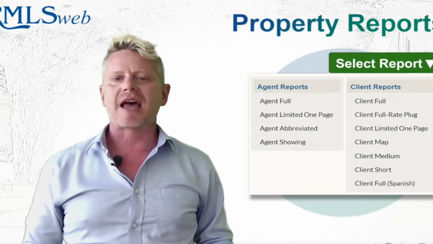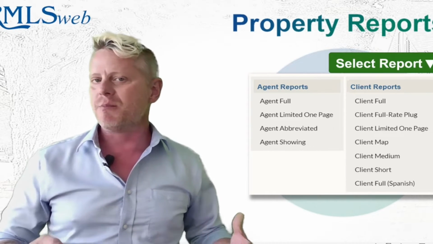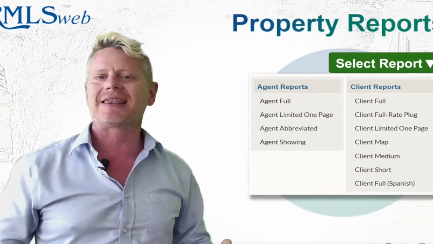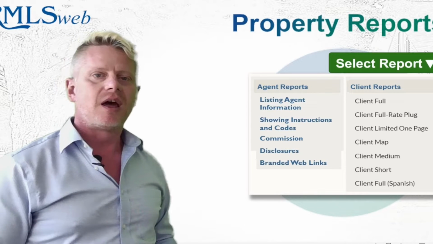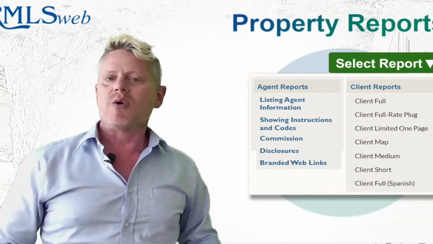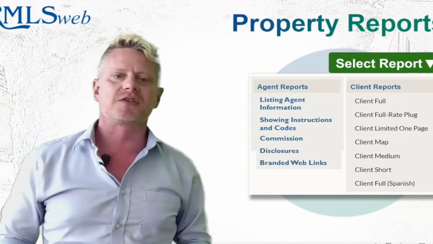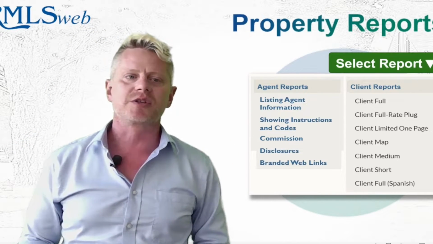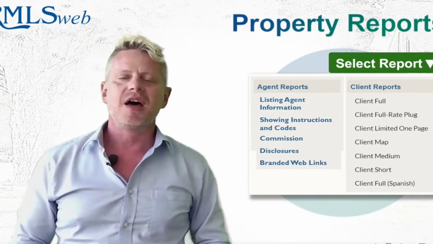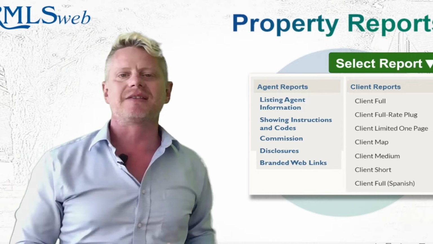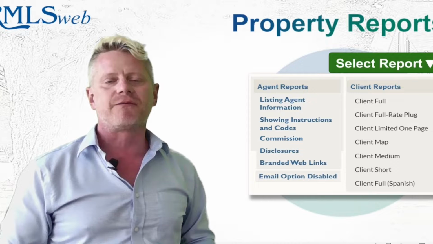We've separated these out for you because the agent-facing reports are going to have information that you may not want to share with your clients at this point, such as the listing agent's information, the showing instructions and codes, potentially lockbox codes or alarm codes. It will have the buyer agent commission disclosed, other private disclosures, as well as any branded web links or marketing materials. To protect you from accidentally sending this confidential information to your clients, we have disabled the email function for these reports.